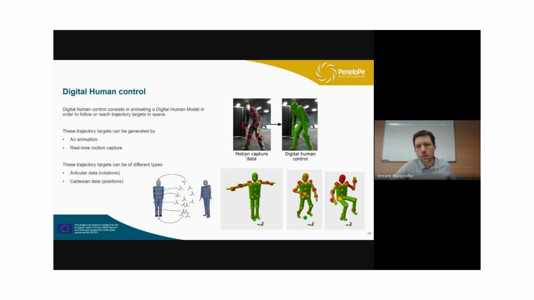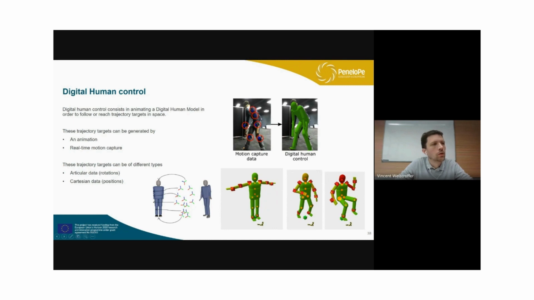They can consist of only rotations, and they can also consist of Cartesian data, which means position and rotation in space. Here you have some examples of 3D positions in space, with the digital human model in a static pose. And at the end, what we want is to have this digital human model be moved so that it corresponds exactly to the motion capture targets.